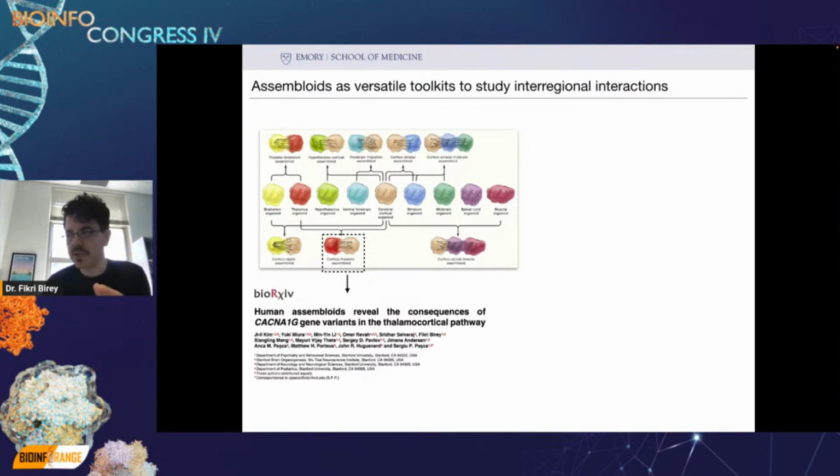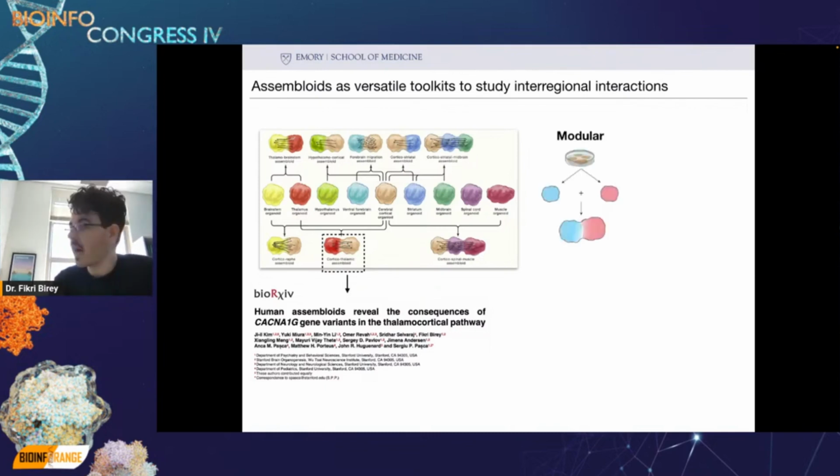But this is just one example out of many that are out there. So this is now a hugely versatile toolkit to decipher the principles of human brain assembly. And if you ask me what makes these models stand out as robust modeling tools, and likely why we have so many of them that came out over the last few years, I would list probably four things.